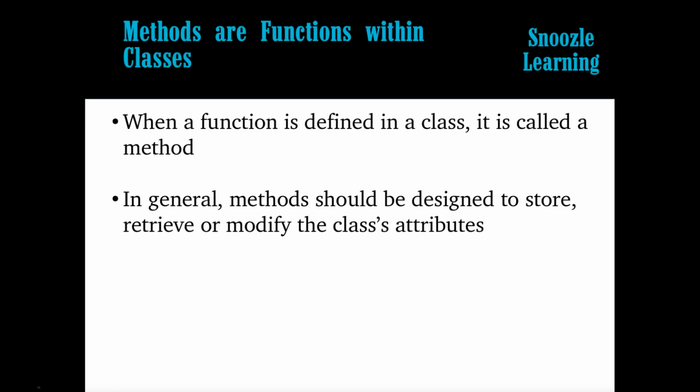To modify these attributes, here's the next thing. In classes, you have attributes, and then you have methods, which are functions that modify the attributes in a class. That's their main job. Generally, the methods are designed to store, retrieve, and modify a class's attributes. So you're building functions within classes to modify your class attributes.